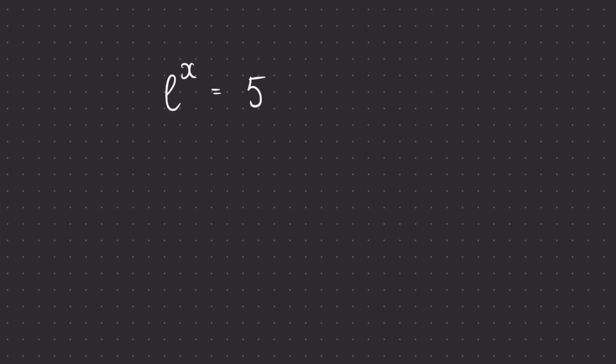Let's return for a second to Euler's number e. Let's say we have this equation set up for us. Well, in order to solve this, we know that the inverse operation of an exponential is a logarithm. In this case, the base number is e. So on both sides, I would apply log to the base e. I can see on the left, log to the base e and the e would cancel, leaving me with x equals log to the base e of 5. Log to the base e looks a little bit strange, and we don't normally write it like this.